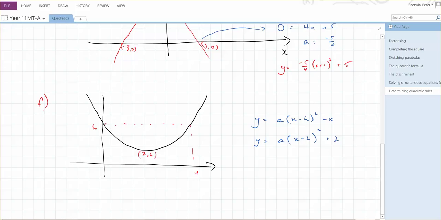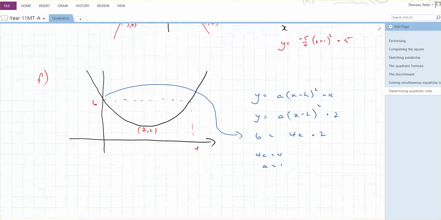Now I can put in this point, 0, 6, here. 6 for y and 0 for x, and then minus 2 squared is 4, so it's 4a plus 2. So 4a is now equal to 4 and a is equal to 1.